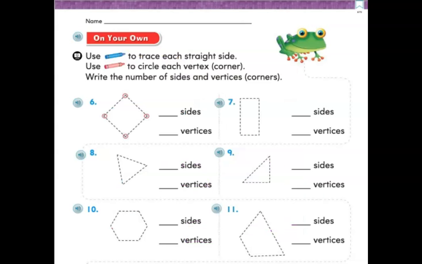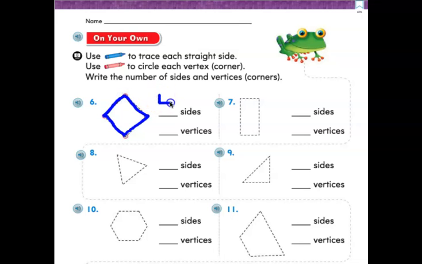And now we are on page 679, and they want us to use blue to trace each straight side and red or pink to circle each vertex or corner, and then we're going to write the number of sides and corners. So we're going to take number 6. I'm going to get a blue color so that we can see the difference. Use blue to trace each straight side. So I'm going to use my pen here to trace 1, 2, 3.